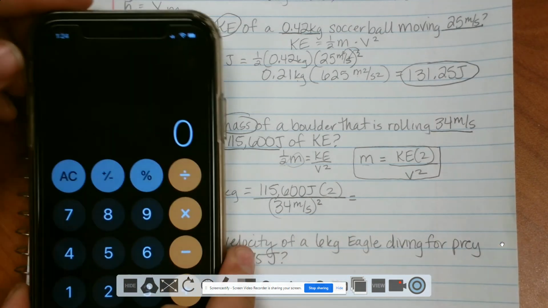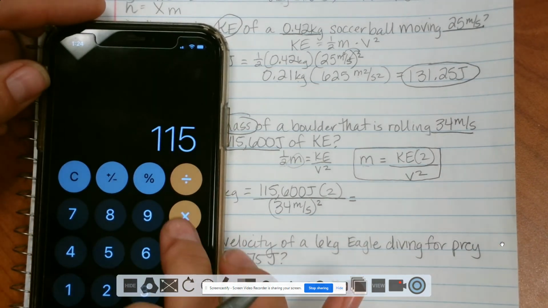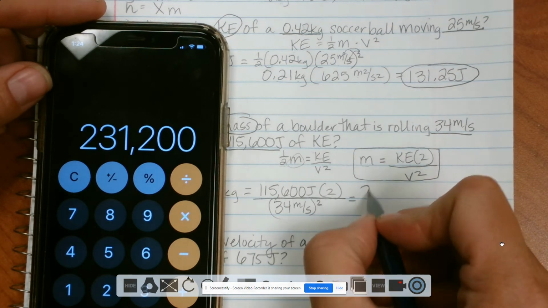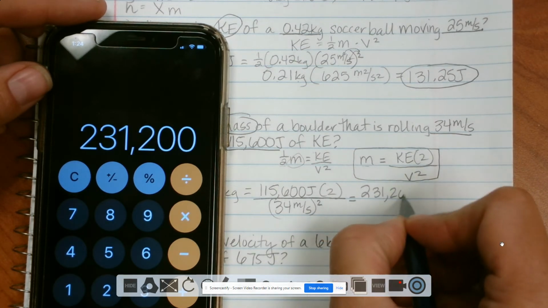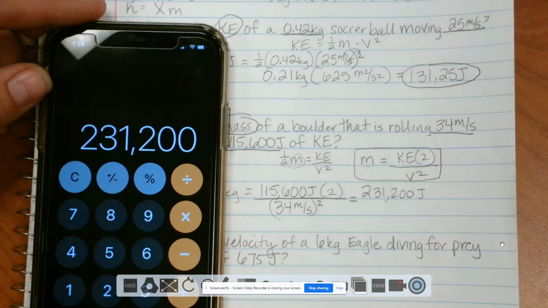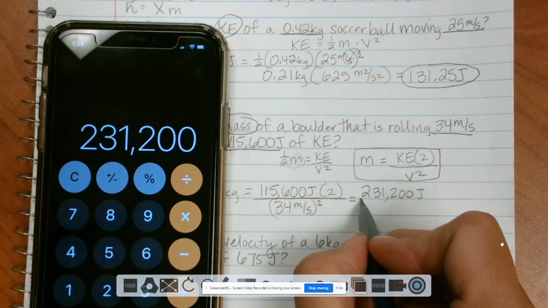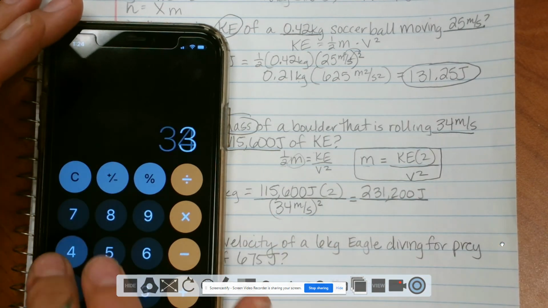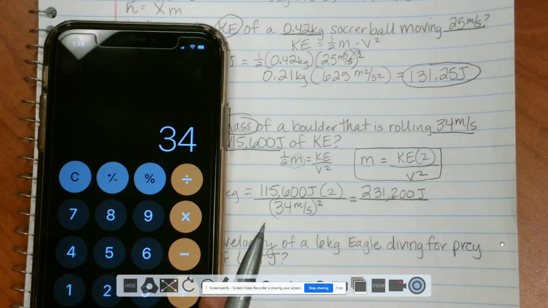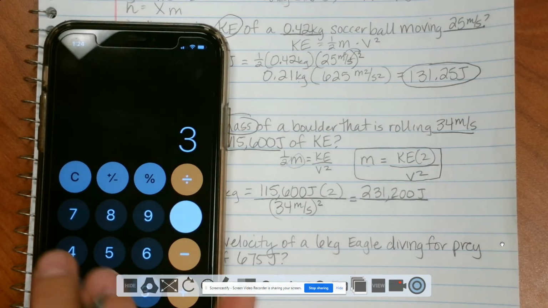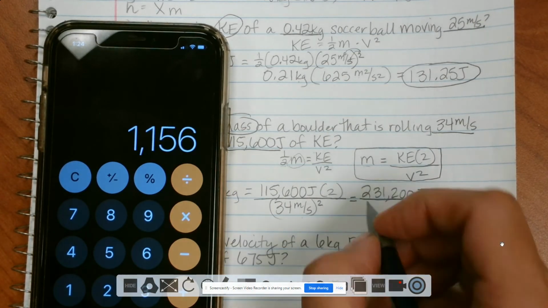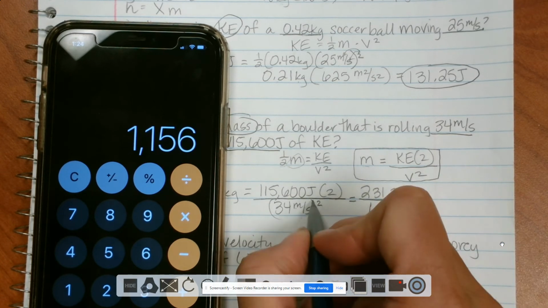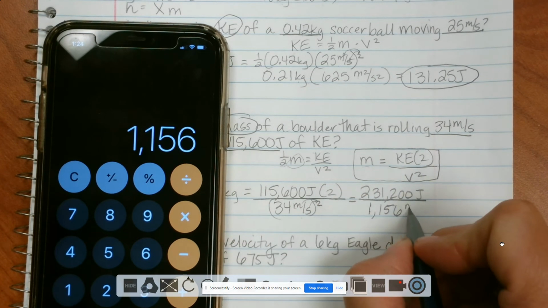So let's start with the top, 115,600 joules times 2. So I get 231,200 joules. And I'm going to divide that by 34 meters per second squared. So I have to do 34 meters per second times 34 again because I'm squaring it. 1,156. Now I square these as well, the units, meters squared per second squared.